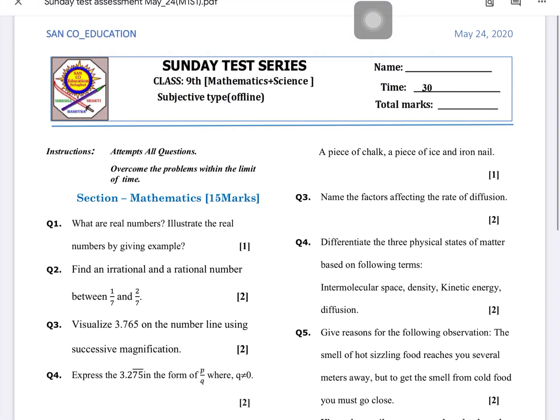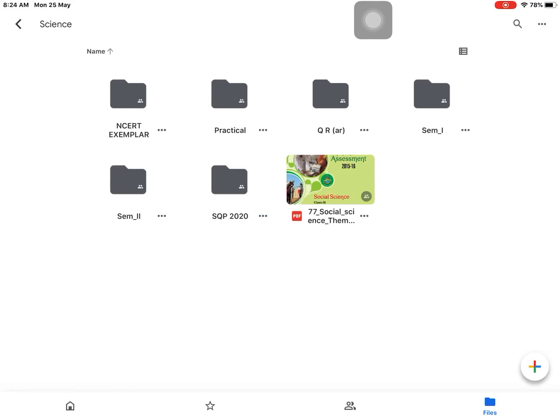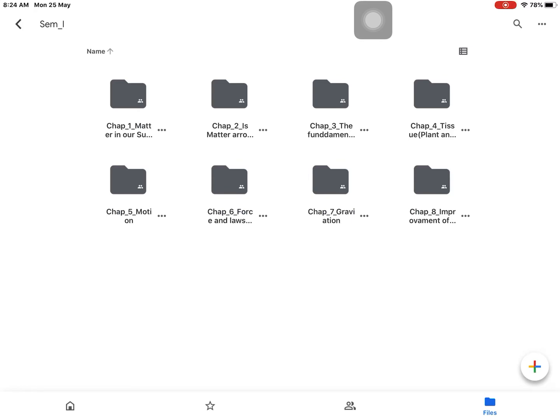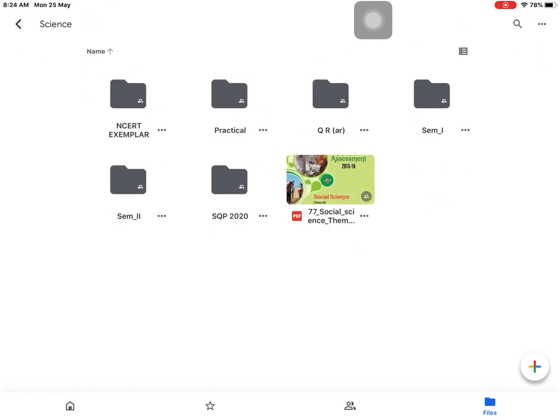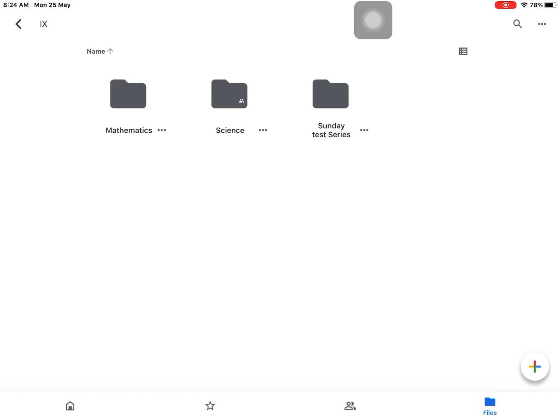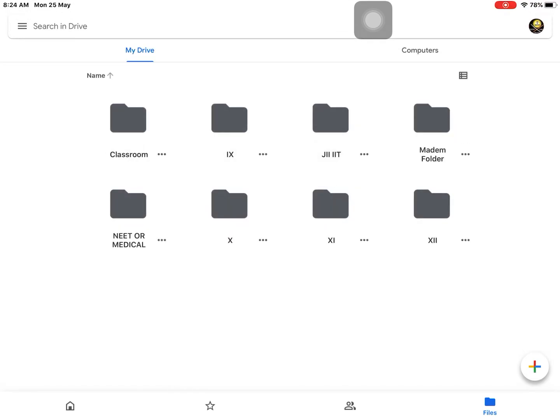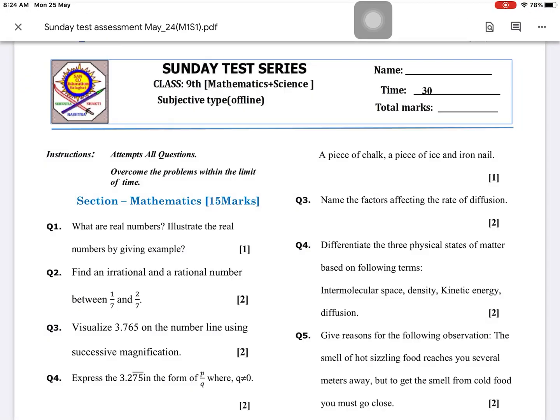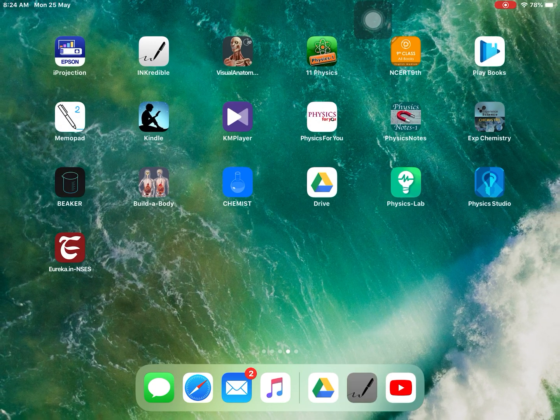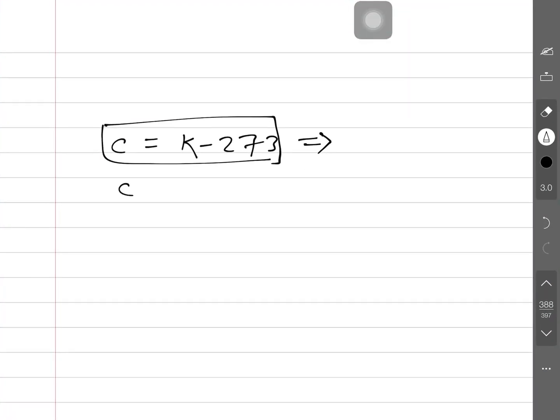Now look next. Employ the formula and put in the value: 100 degrees Celsius is given here, so put 100 for C, and K and 273, then solve to obtain the value of K. Is that clear?